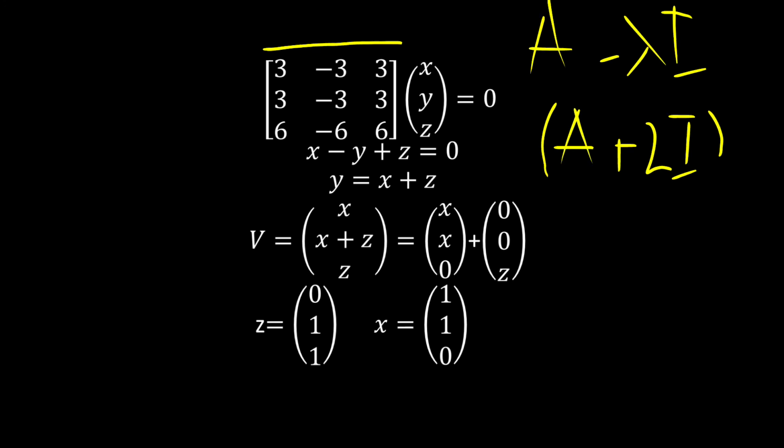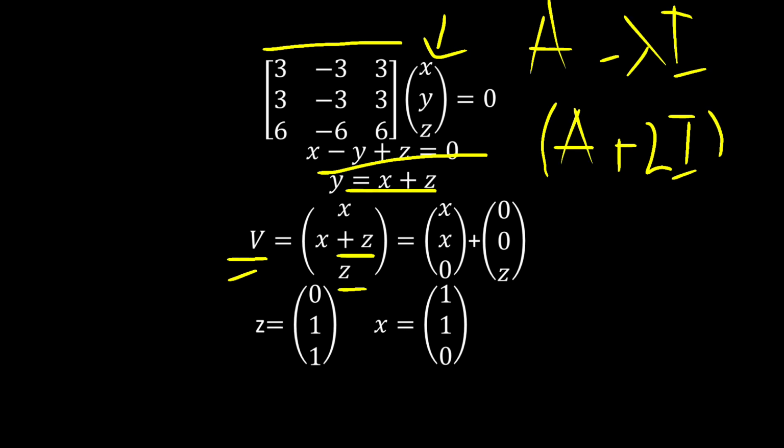The vectors that we have are x, y, z, like that. So solving and equating, you'll see we have this, which is the same as this. And now the vector will be given by x, y, z, where y is x plus z, as you can see from the equation here.